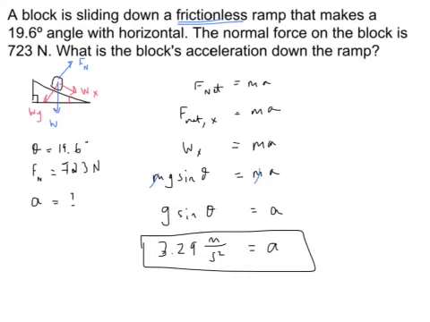Now, here's the thing. If I gave you a frictional force, or if I gave you a coefficient of friction, then this would not be such an easy problem. If there were friction, then we couldn't ignore mass, and in fact, the mass would in part determine what the friction force was. Because the greater the mass, the greater the normal force, and then the greater the friction.